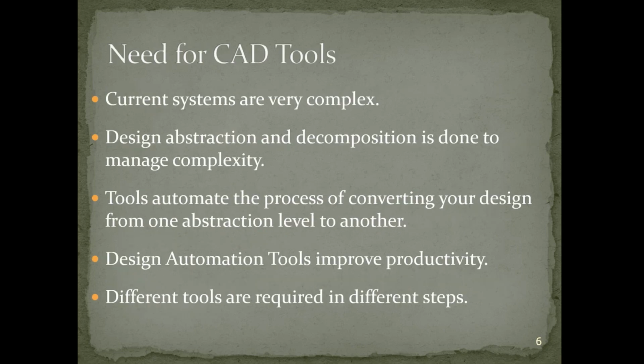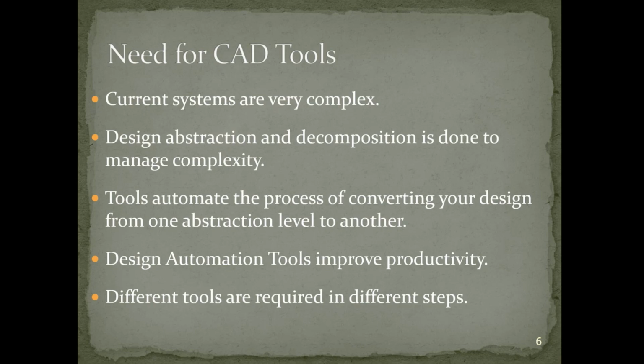Why do we need it? Again, because current systems on one hand are very complex, and on the second hand, particularly when dealing with very complex devices, being able to decompose them and operate at different abstraction layers to manage that complexity would be extremely useful.